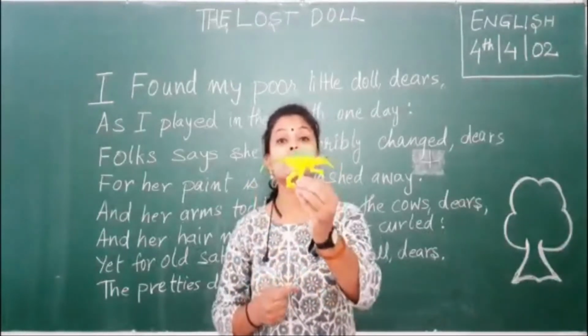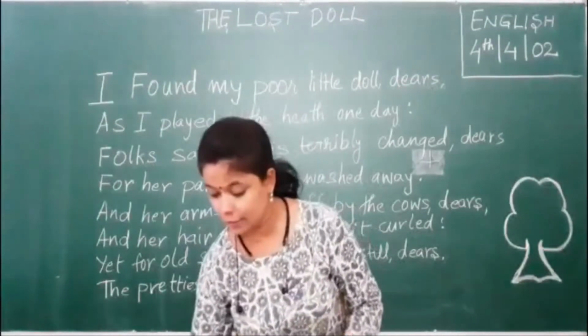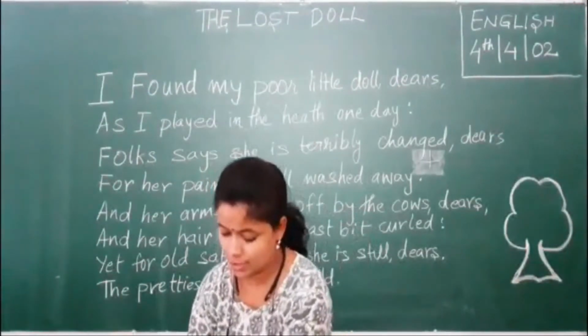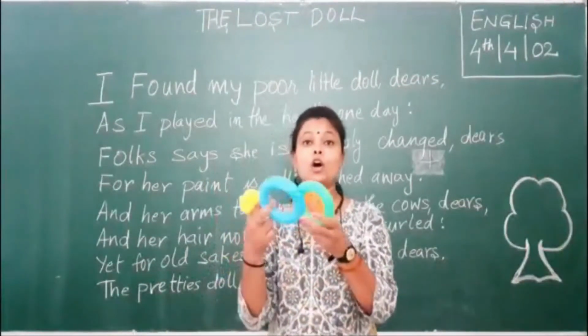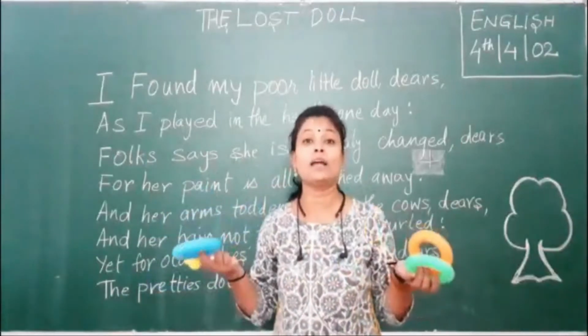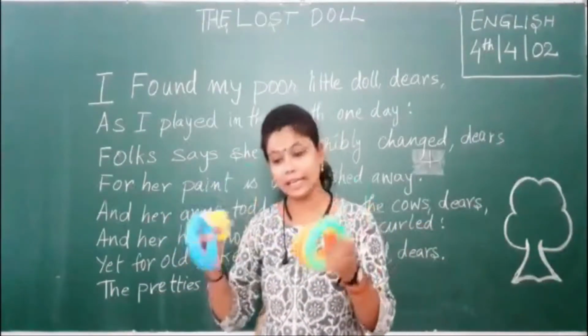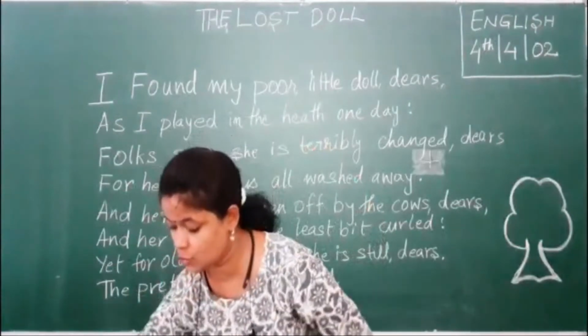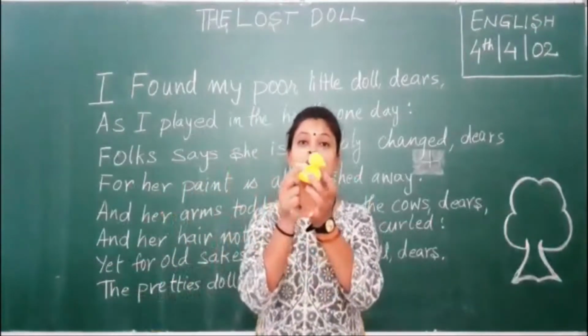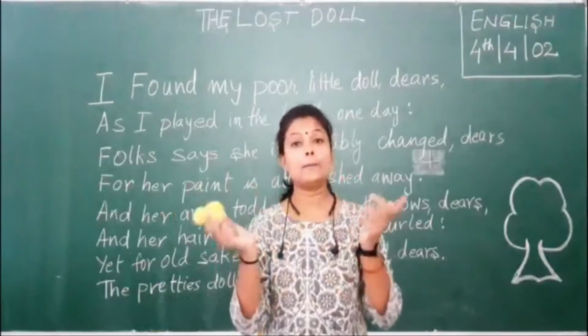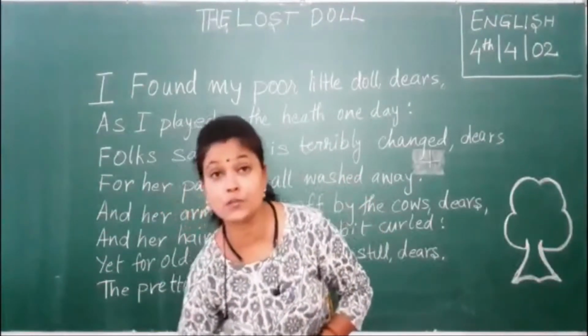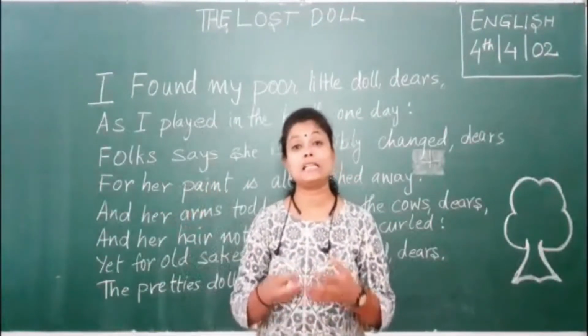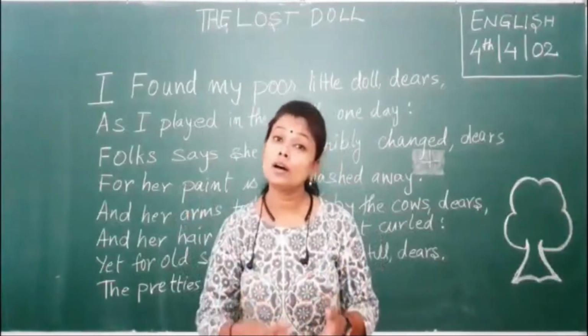She has this kind of toys. Even just see the ducks. They all fell down. Why? Because they have broken. So she used to play with such types of toys. But among them, which one is her favorite? A doll is her favorite.